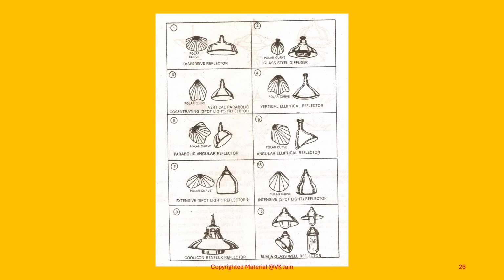Friends, this diagram shows all type of downlighters and their polar curve also. This is a downlighter which is known as dispersive reflector.